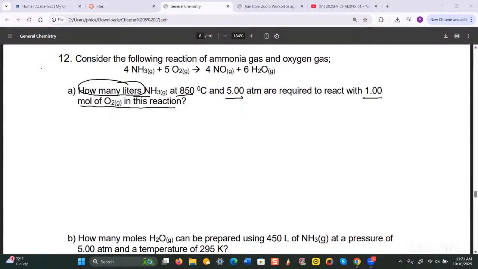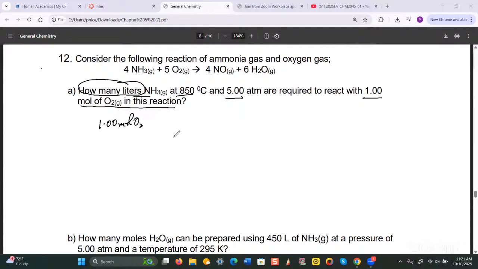We're trying to get the volume. So I think the first thing to do would be to find out how many moles of ammonia are needed to react with 1 mole of O2. Okay, very good. How would you go about doing that? Just look at the balanced equation and see how many you would need. Okay, so 1.00 moles of oxygen is what you're given, right? Yes.